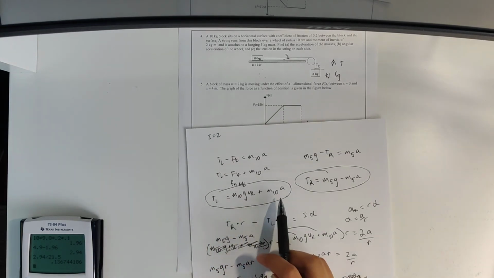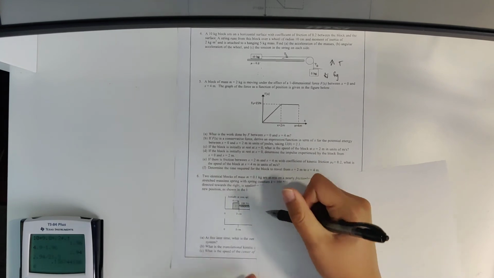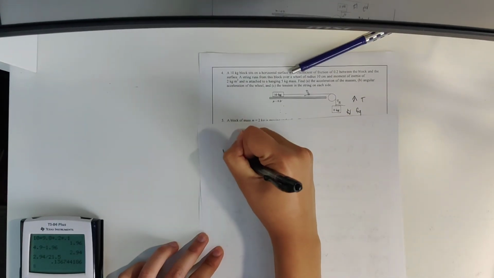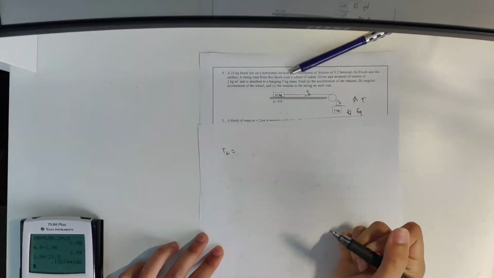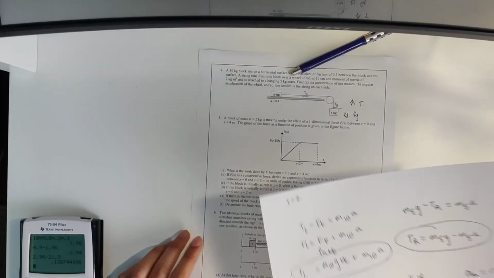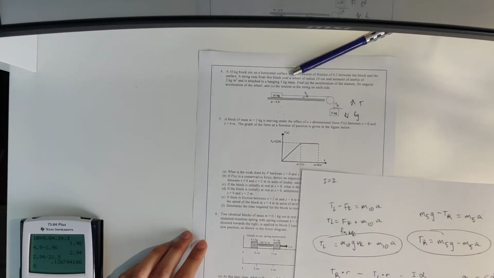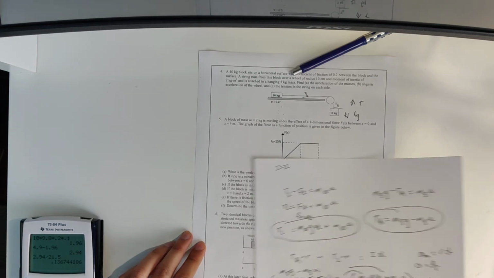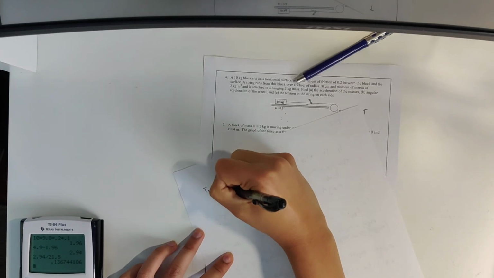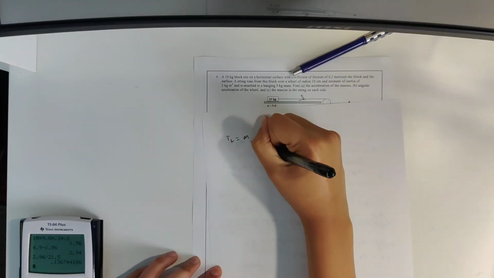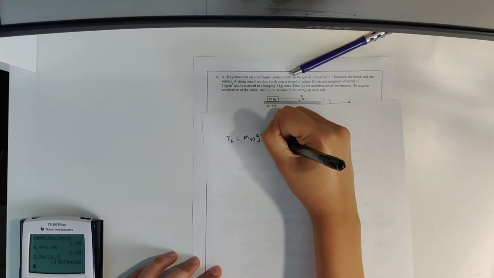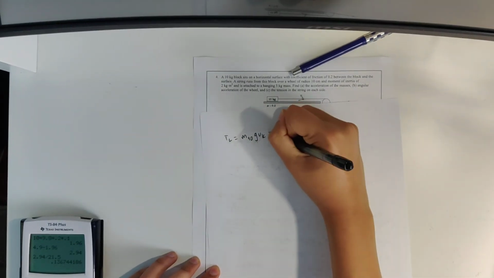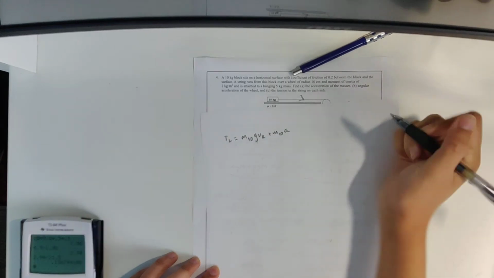TL is going to be equal to M10 G mu K plus M10 of A, and then your TR would be equal to M5 G minus M5 A.